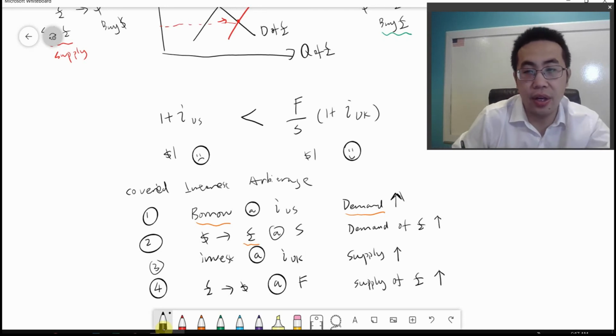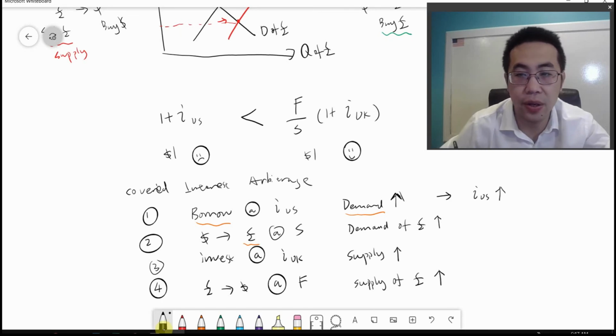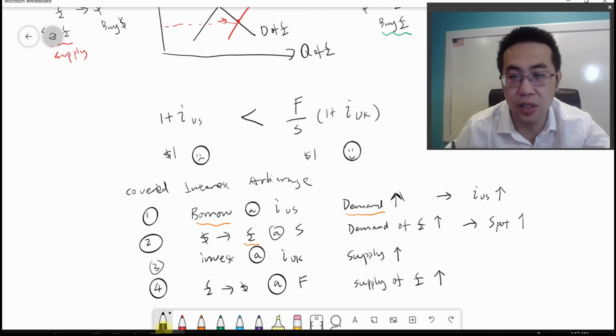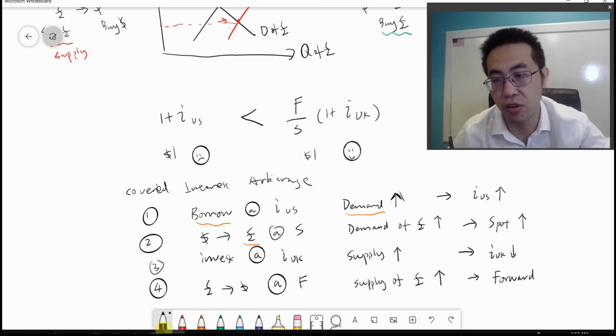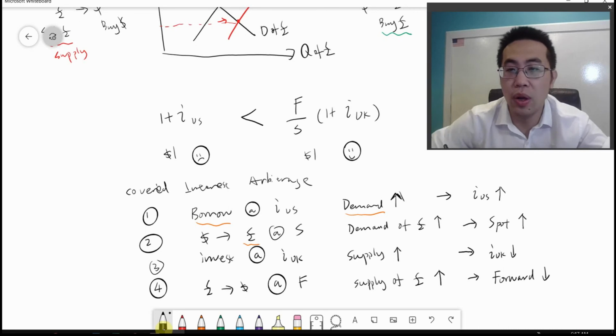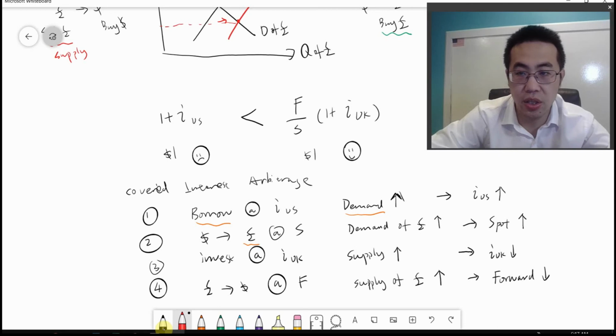So if the demand increases, you will see the US interest rate would increase. If the demand of pound increase, then the spot rate of pound would increase. And if the supply of loans in UK increases, that basically will result in a lower UK interest. And if you keep supplying more pound in the forward market, then the pound rate would go down, okay? And this is a forward rate. So when all of these changes applied, then you will see that the US interest rate is going up.